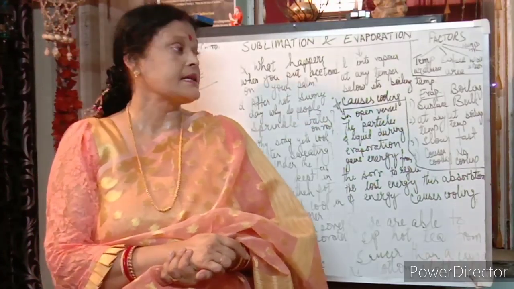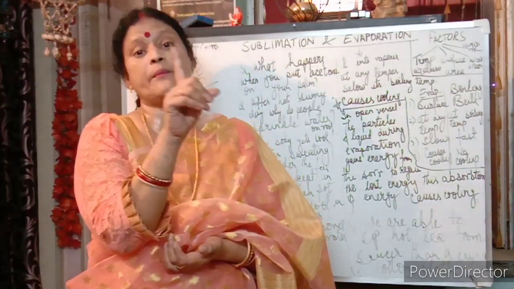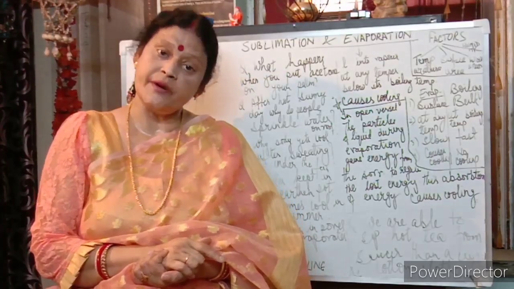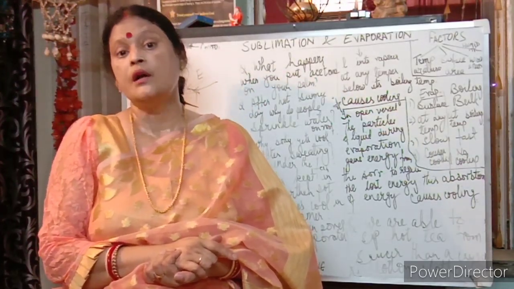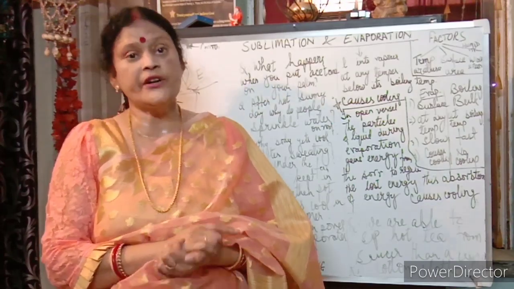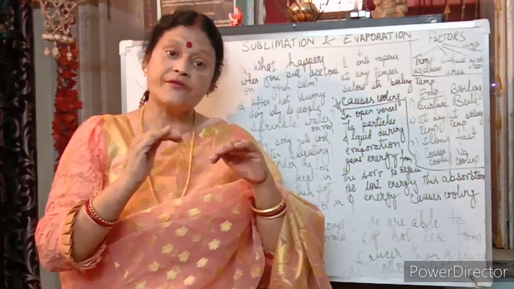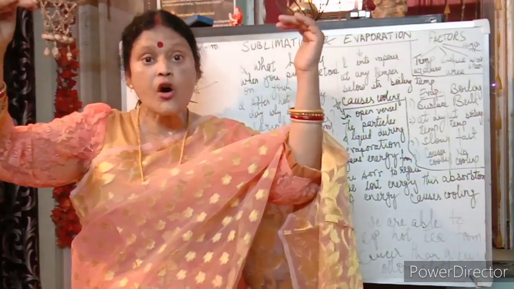Right? Next is humidity. Again, very important. The presence of water vapor in the atmosphere is known as humidity. Now, with humidity, is the evaporation rate faster or slower? Slower. Because in humidity, water vapor is already there in the atmosphere and it will not allow the evaporated water vapor to be released, because it has been blocked.